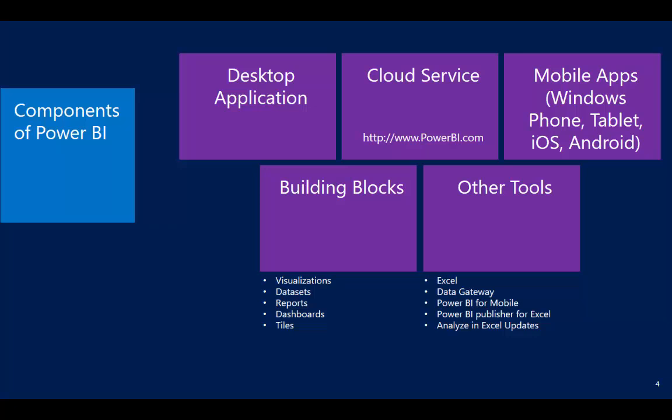Then there's the data set. So the data set is the data. This is the set of data, again, simple to complex, that Power BI uses to enable creating those visualizations, the color-coded map elements, the charts, the graphs, those types of things. And then the ultimate goal of this is to build a report.